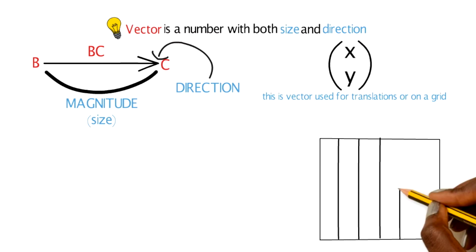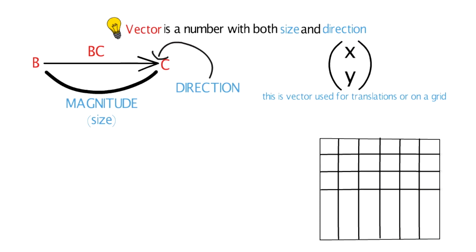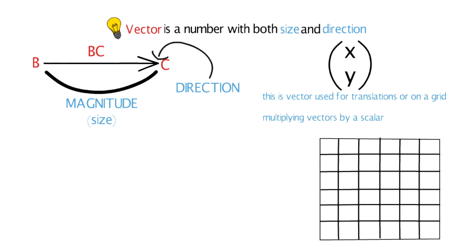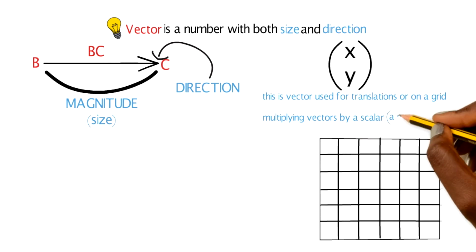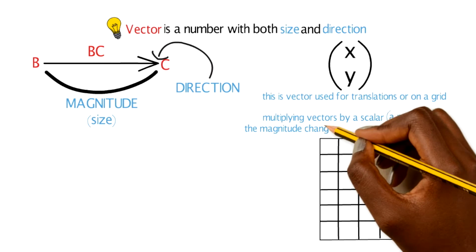So here we are drawing our grid. First of all, when it comes to vectors, if you multiply them by a scalar, aka a number, they are going to change in size, but not in direction.